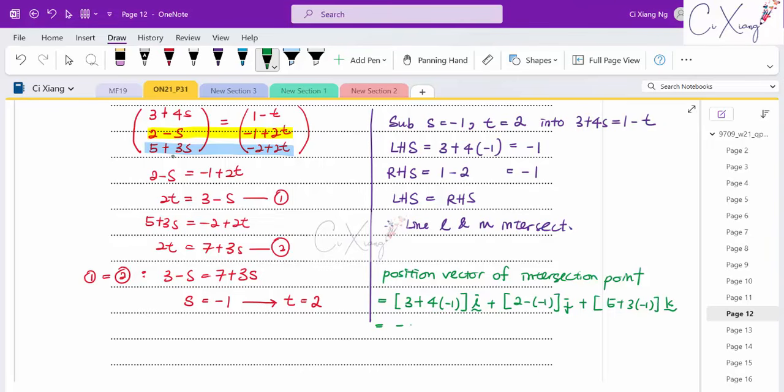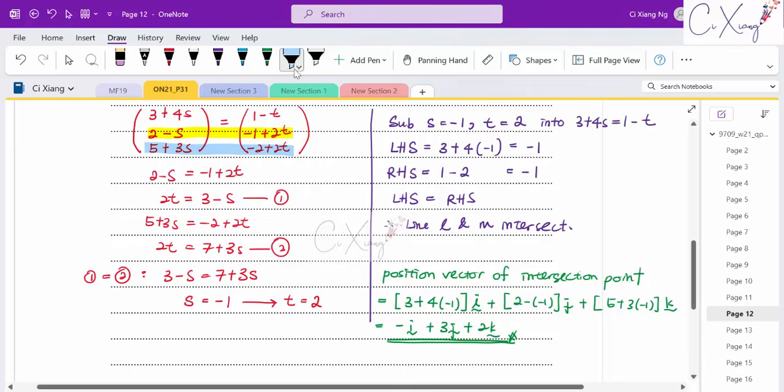Then I simplify all the values here, and the position vector of the intersection point will be -1i, 3j, plus 2k. So basically, this is the position vector of the intersection point.